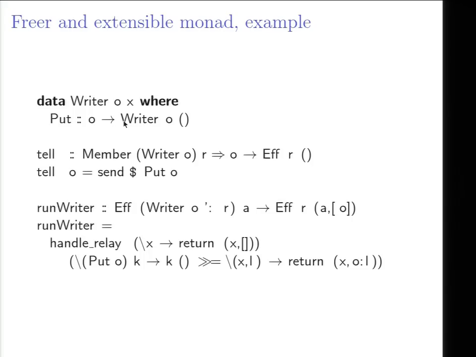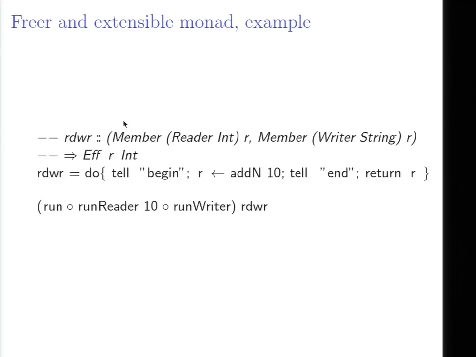And run writer, of course, only handles the put effects. It doesn't care about other effects that could be there. You can have a computation that has both tell and this original add-n, which remains as it was. And we can compose them. If we're going to write, then we run reader and writer. Or, in this case, because they're commutative, we can put run writer first and run reader later. So either way, it actually works.